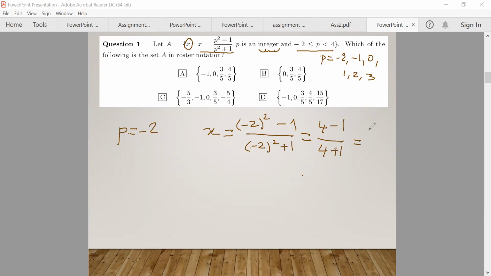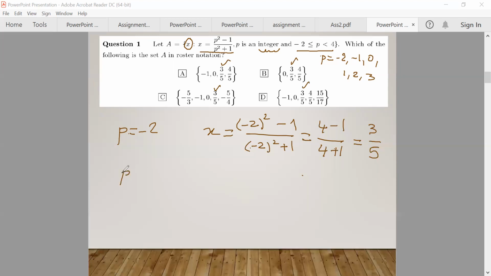So it's 3 over 5. So one of the elements of the set A is 3 over 5. It's present here, here, here, here. Okay, it didn't help us, but okay.